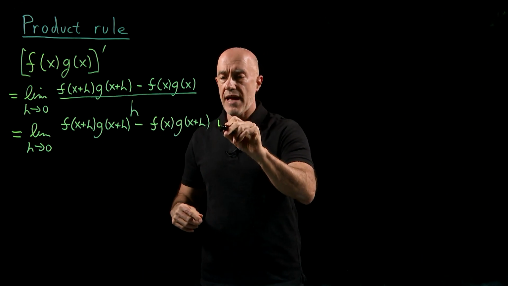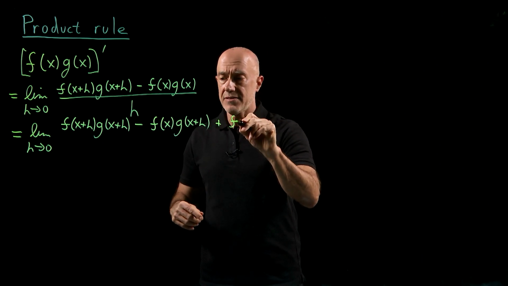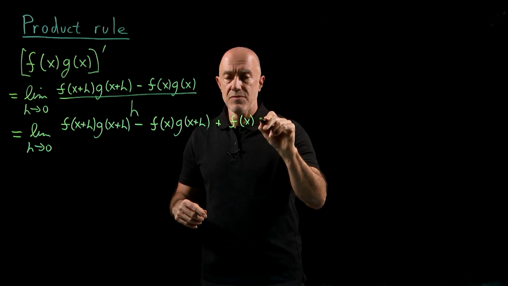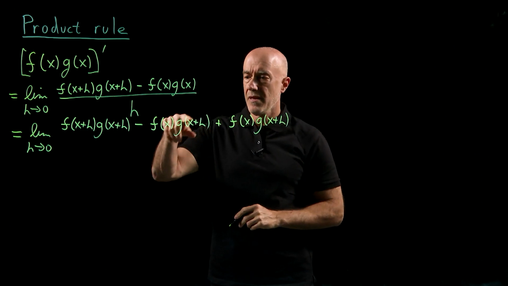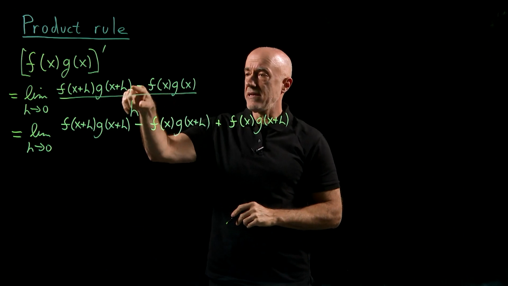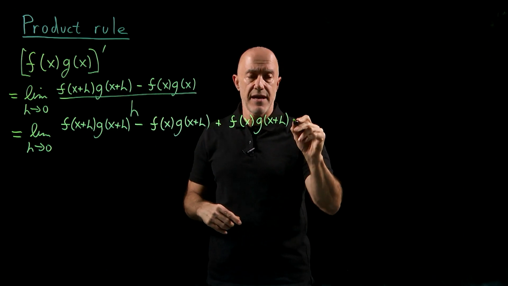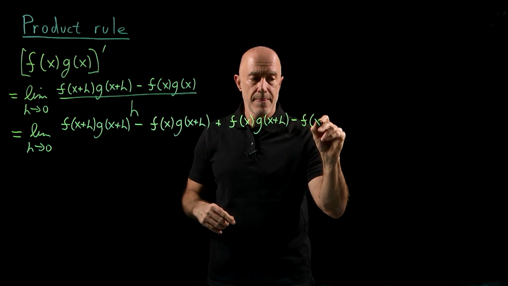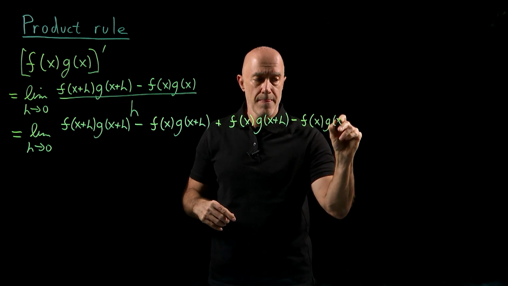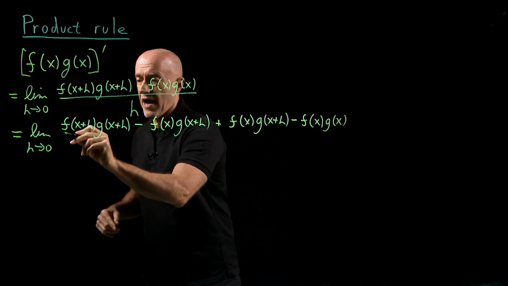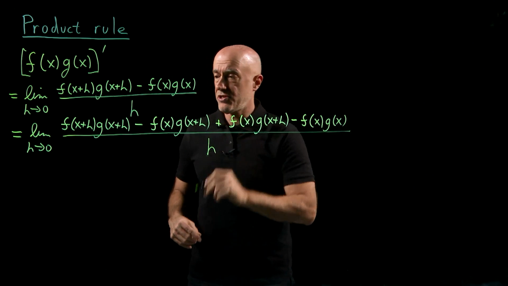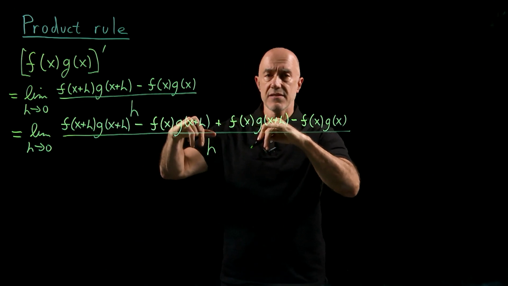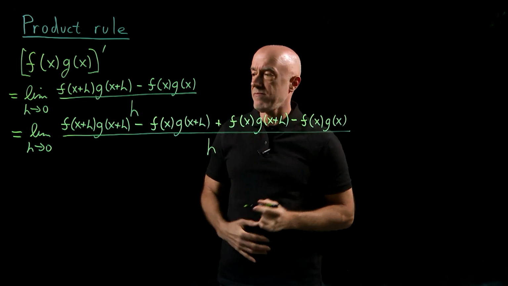So we're going to add f of x times g of x plus h. And then we have the remaining term, minus f of x times g of x. Okay? And we divide all of that by h. So we've just subtracted and added the same term.